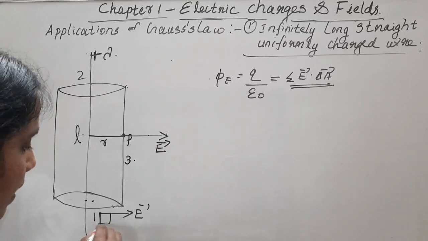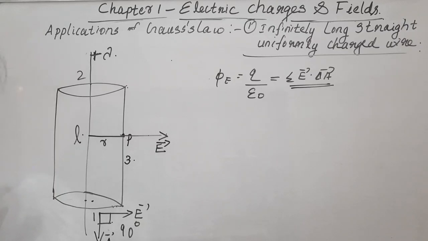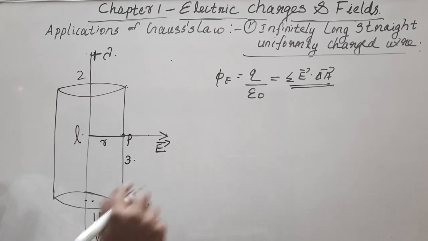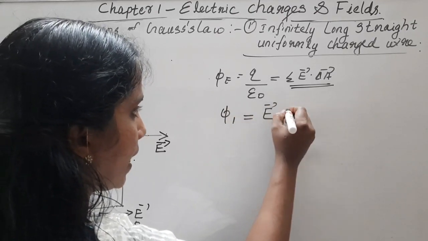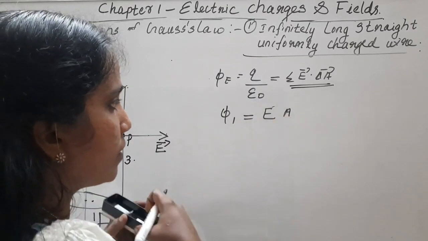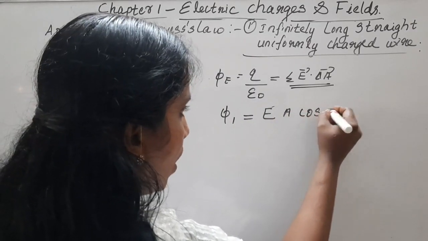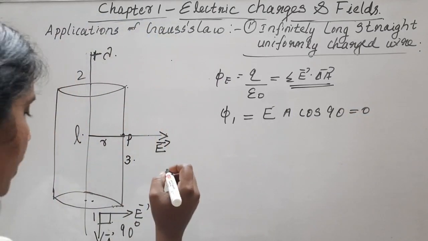So what is the angle here? Angle here is 90 degrees. If the angle is 90 degrees on this surface, the flux will be equal to 0. When we find phi 1, it becomes EA, no need of vector symbol there. So EA cos 90 is 0, so we get phi 1 to be 0.